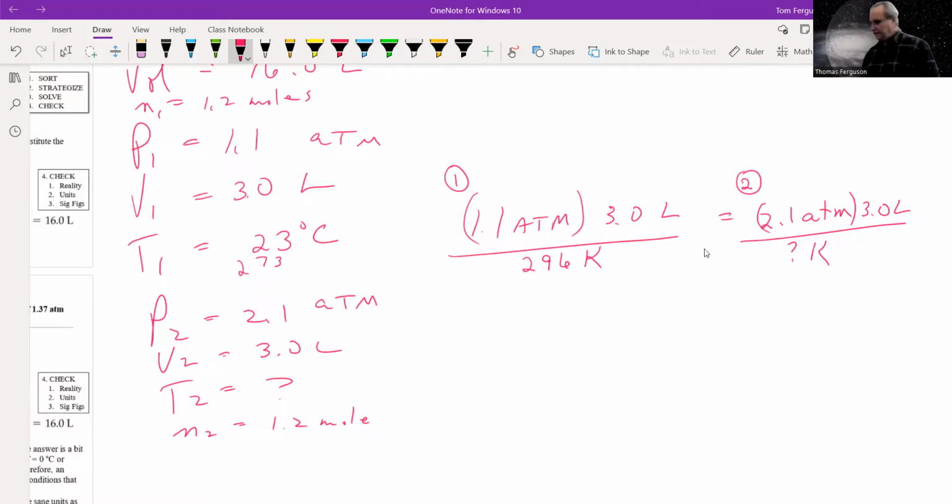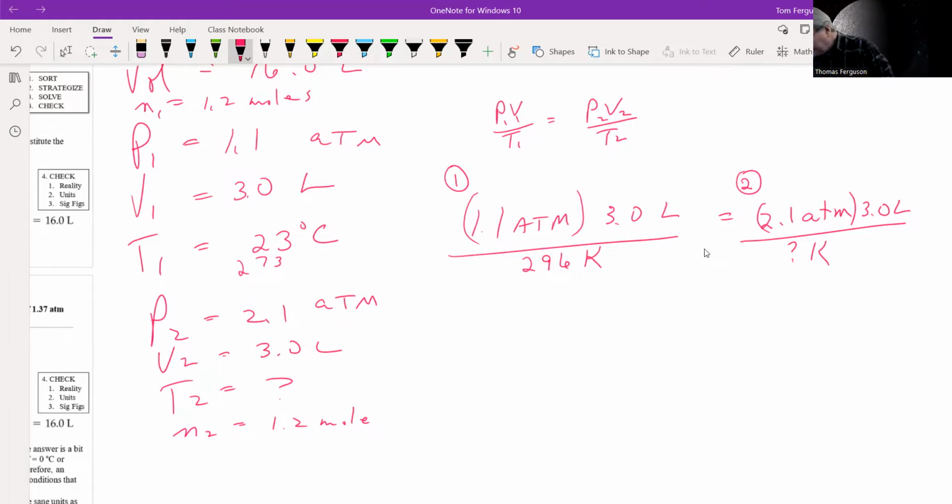Okay, so all we're doing is plugging it into that formula there. Can everyone see where I found everything? Okay, so what we're going to do now is solve for T2. This is going to be T2 down here on the bottom right. So we can do some magic in algebra. Cross multiply.